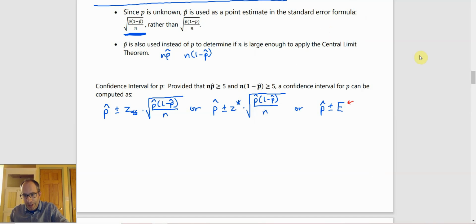So the e is the margin of error, right? But if you look at these, there's your point estimate. Then the z star, or back on the left, the z sub alpha over 2, that's your critical value. And then the whole root, that's the standard error.